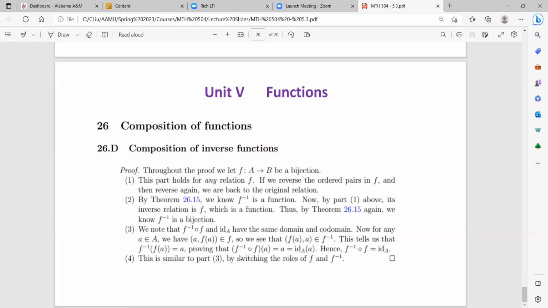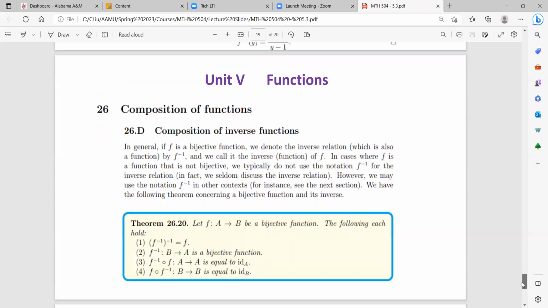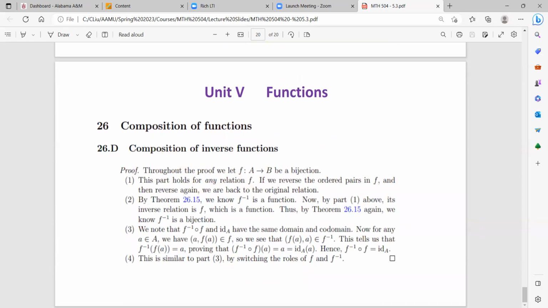That's just the definition of composition. That automatically tells you that f inverse composed with f is the identity function on A, and the element a is arbitrary in set A. So we proved f inverse composed with f is the identity function on A, and similarly you can prove the fourth part, which is f composed with f inverse, from B to B, equals ID_B, the identity function from B to B. So that's the end of this section.